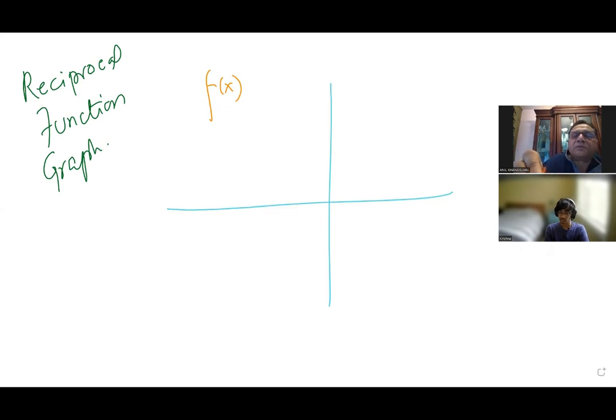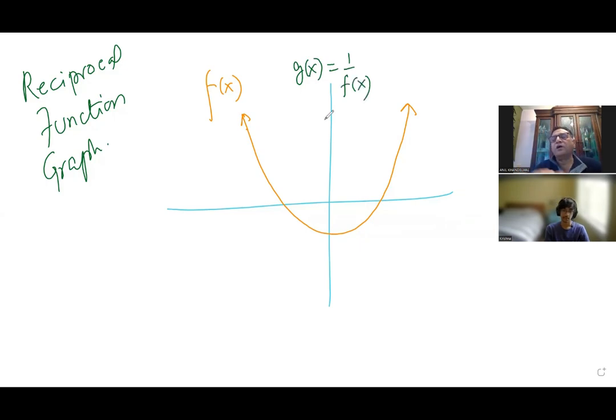Let us say it's a parabola. Now we need to graph the reciprocal of this function, which is 1 over f of x. Tell me, how will you sketch a graph of a reciprocal function when the graph of the function is given to you?